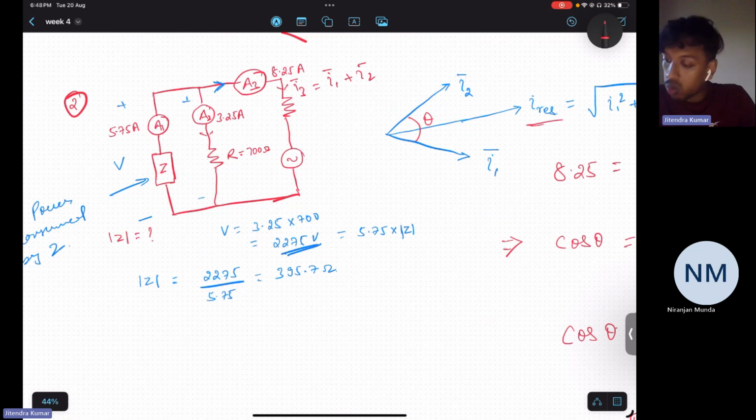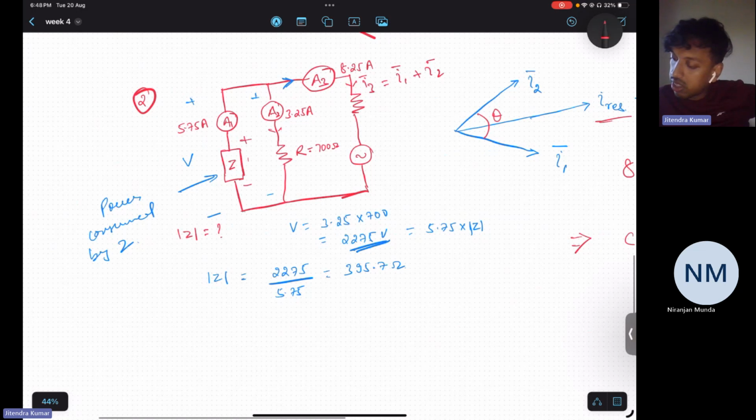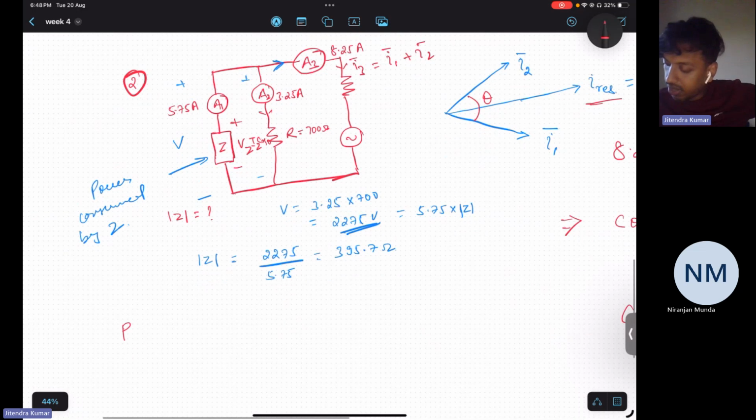If we could anyhow compute the power consumed by this impedance Z in terms of the voltage drop happening across Z, we need to find out basically this Vz and Iz and cos theta, isn't it? Iz we know. Let me rewrite it. P is equal to Vz, Iz, and cos theta.